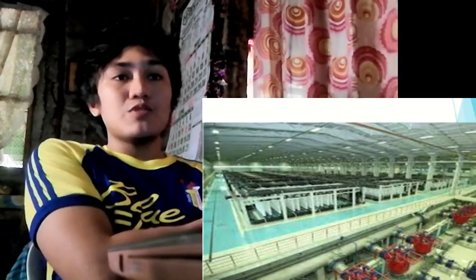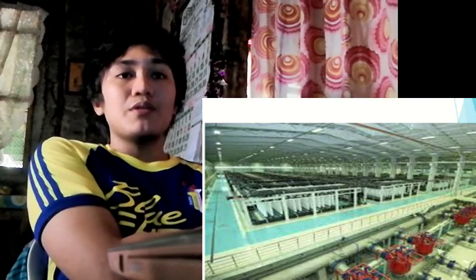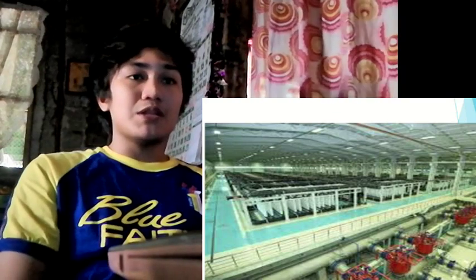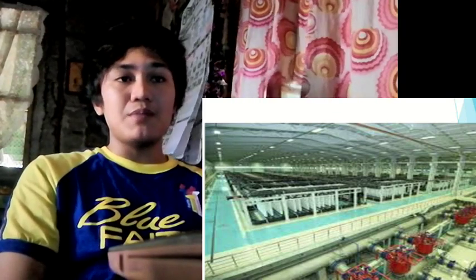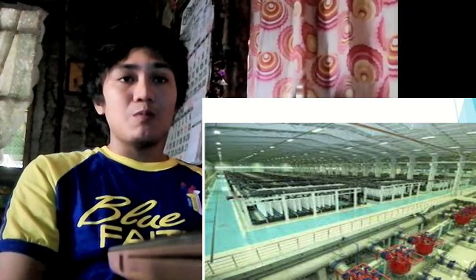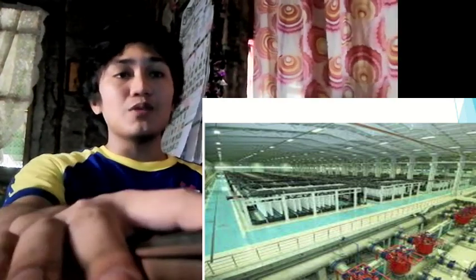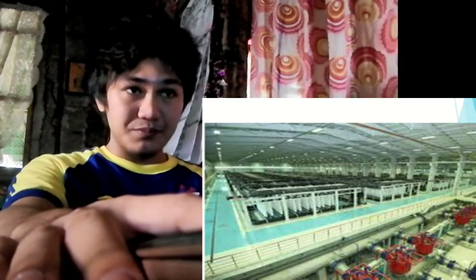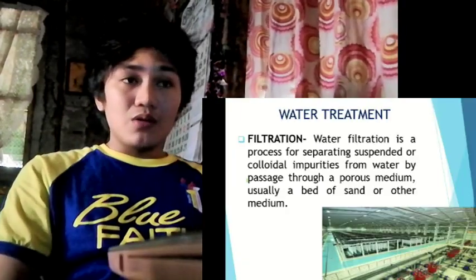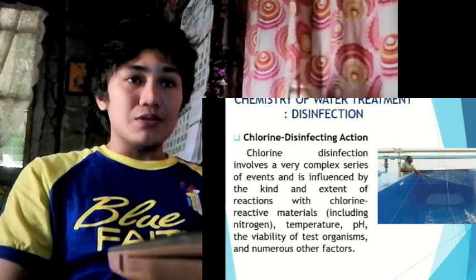Three categories of human enteric pathogens are normally of consequence: bacteria, viruses, and amoebic cysts. Purposeful disinfection must be capable of destroying all three. Chlorine disinfecting action.